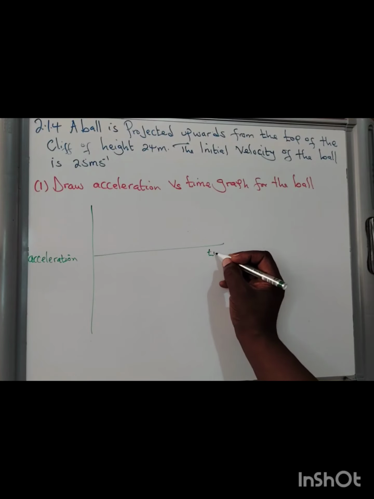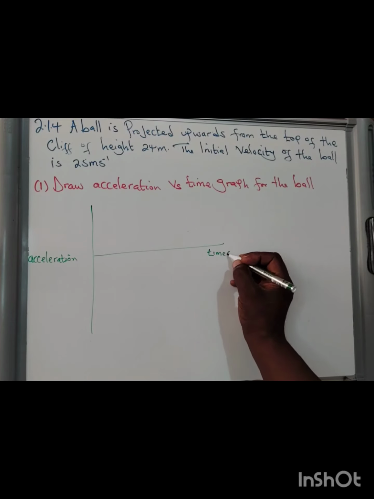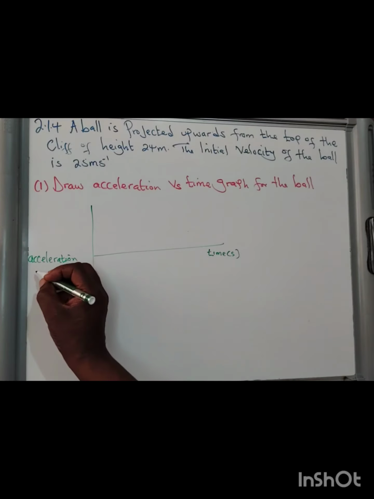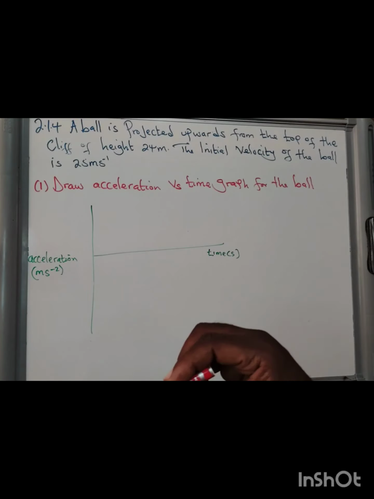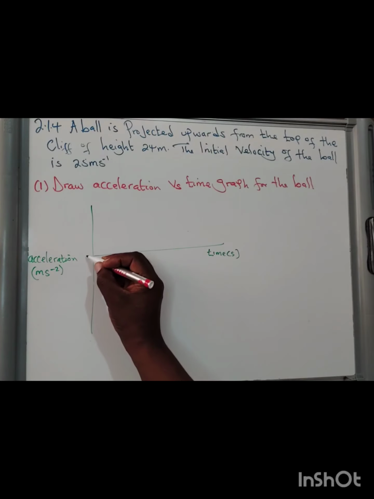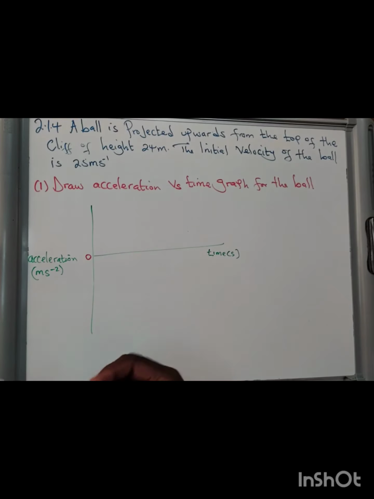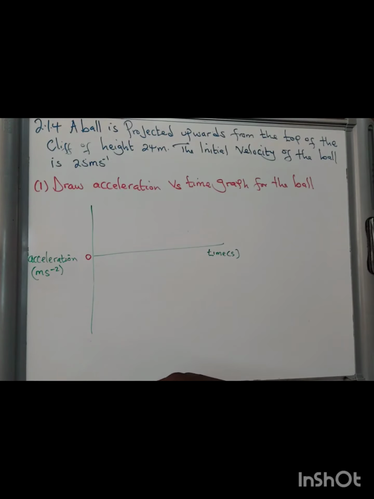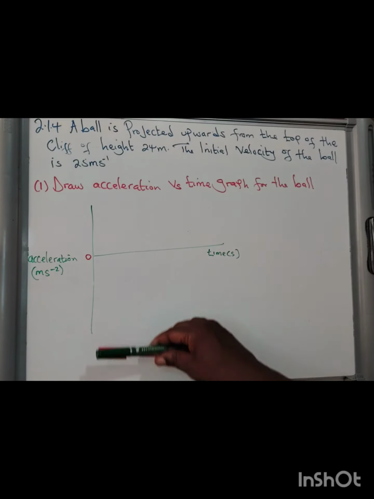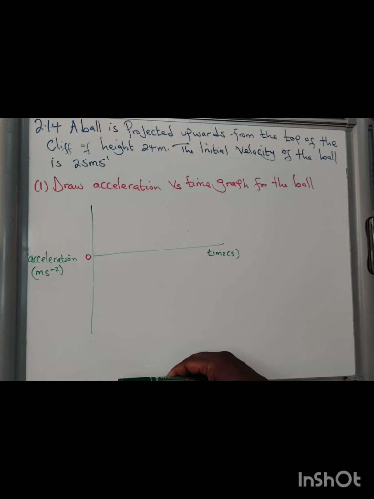Here we have the time in seconds, and acceleration in meters per second squared. We have to remember that this one is 0, and any number above it is positive, and any number below it is negative.